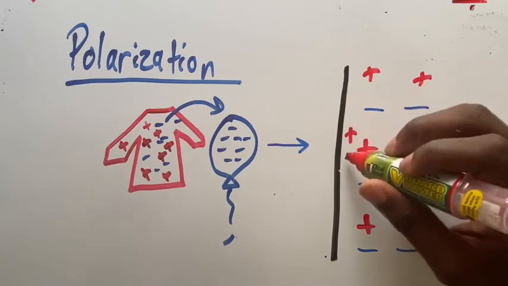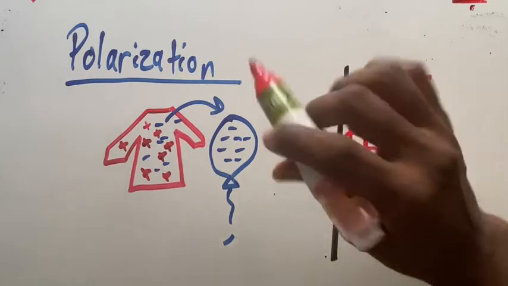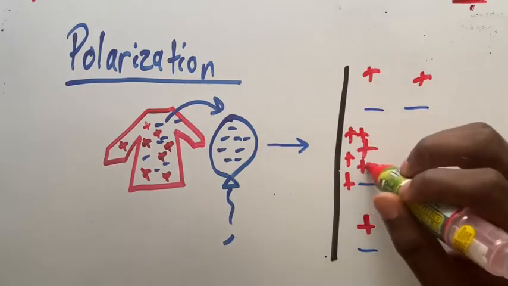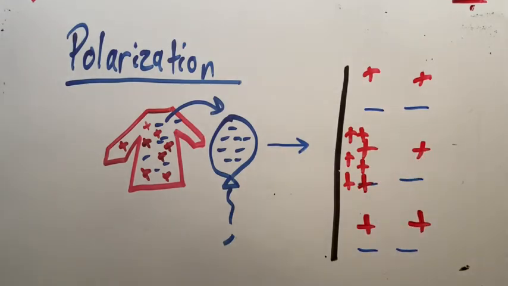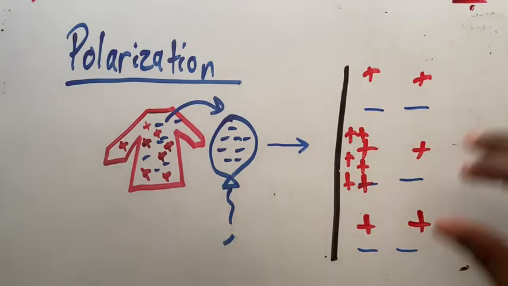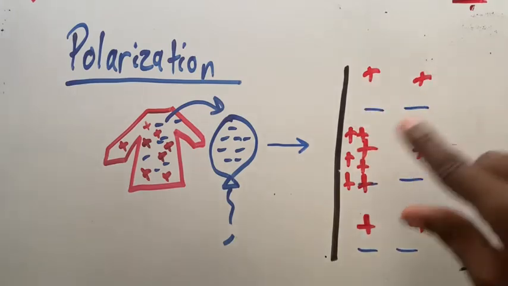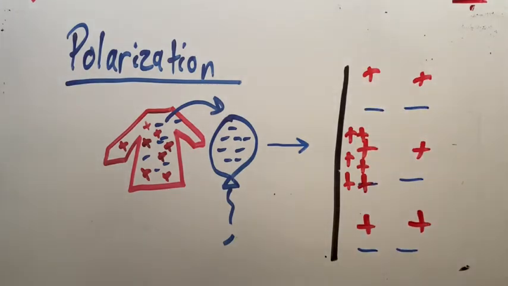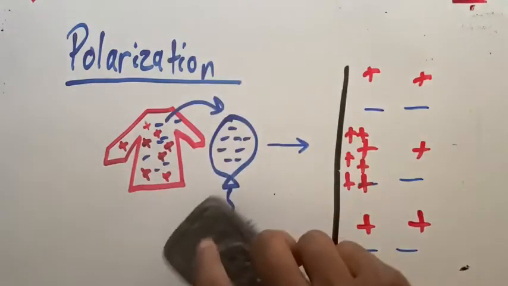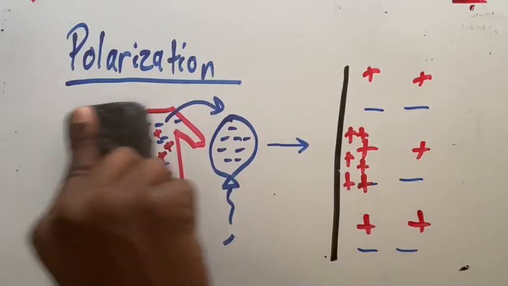So then the positives are going to kind of build up wherever the balloon is. So this shift of charge here is kind of what we call polarization. So let me do another example of polarization, and maybe it'll make a little bit more sense.